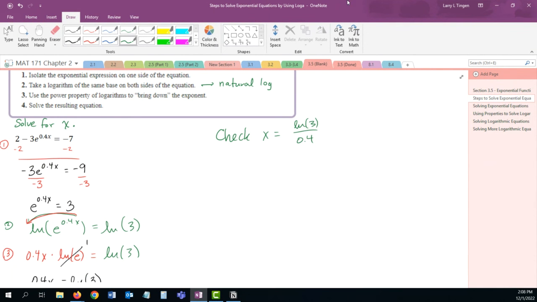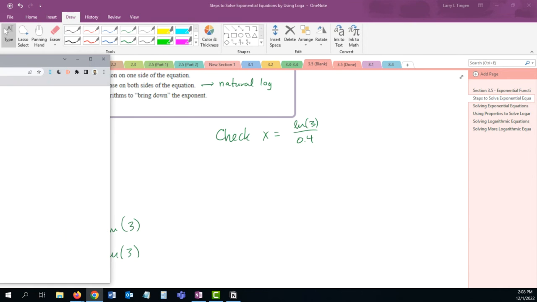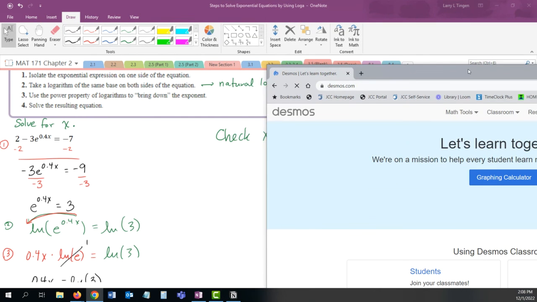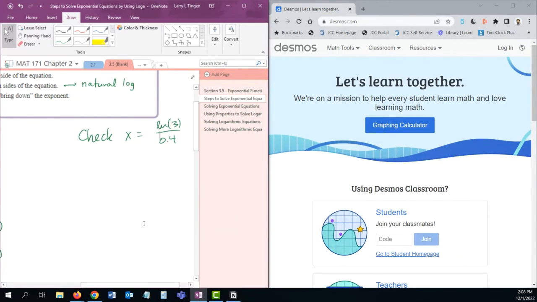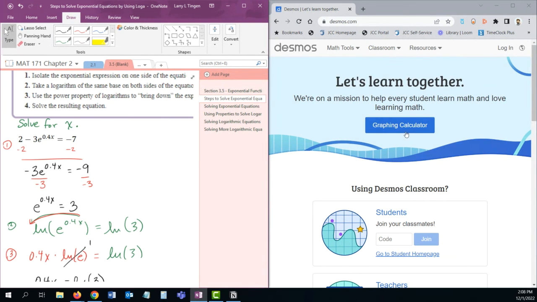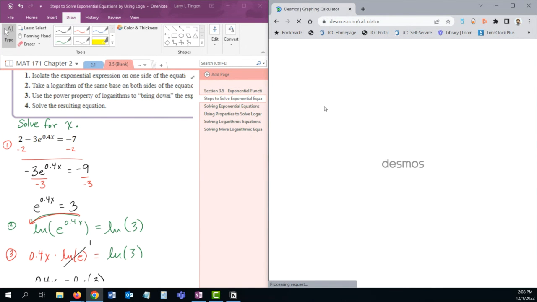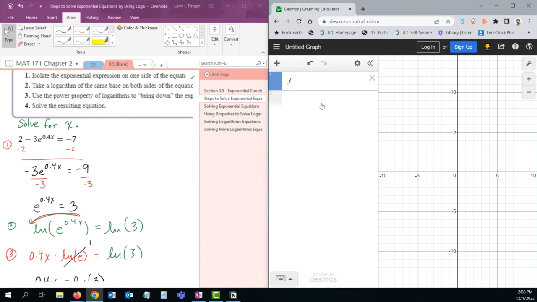And you've seen me do this before using Desmos. So what I do is I go back to the original. And the original is 2 minus 3e to the 0.4x is equal to -7.